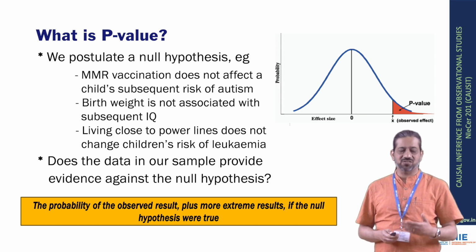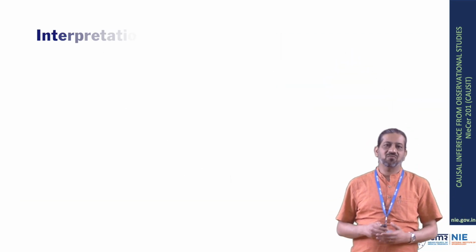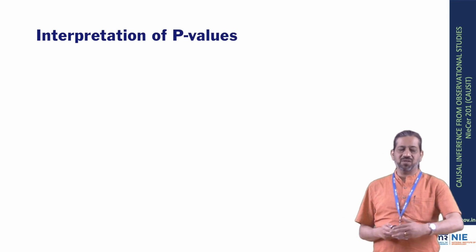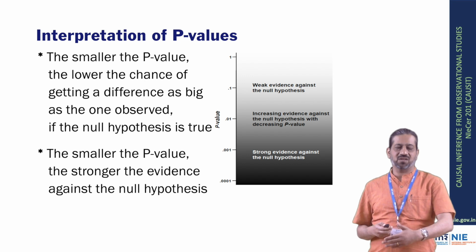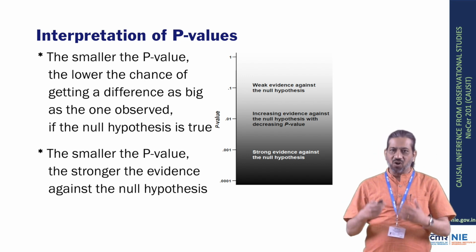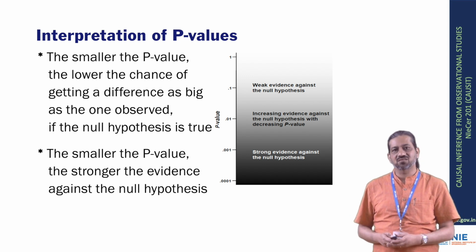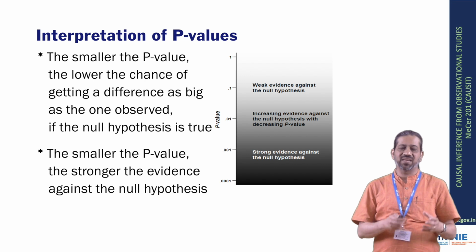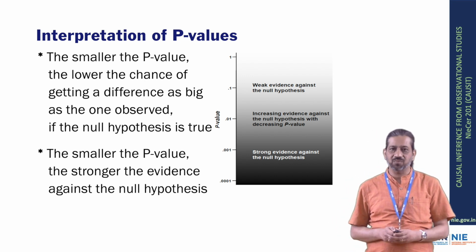So we'll go deeper and try to understand what this definition actually means. Since a p-value is a probability, it ranges from a lowest value of 0 to the highest value of 1. The smaller the p-value, the lower the chance of getting a difference as big as the one observed in the study, assuming that the null hypothesis is true.